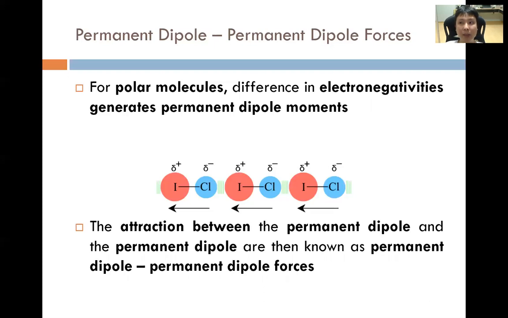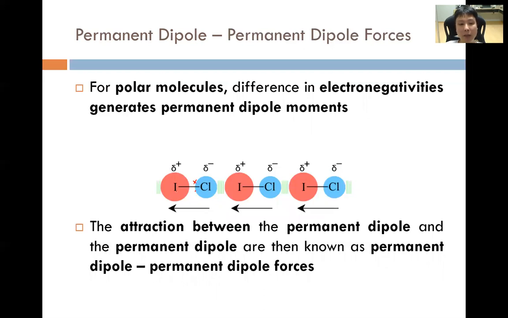The next type of intermolecular force of attraction is the PD-PD interaction. We already mentioned that for polar molecules, difference in electronegativity generates permanent dipole moments, such as in the ICl molecule. Chlorine has a stronger electronegativity as compared to iodine, so in ICl, the chlorine pulls the shared pair of electrons closer towards itself, and there will be a partial negative charge on the chlorine atom and a partial positive charge on the iodine atom.